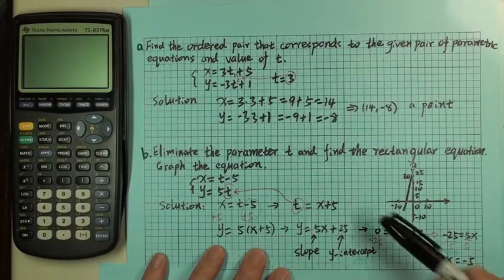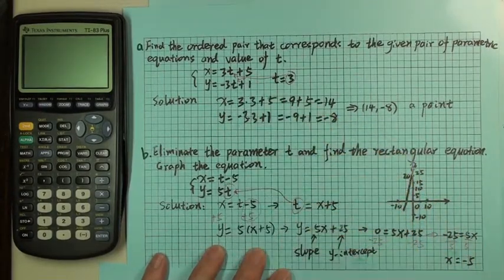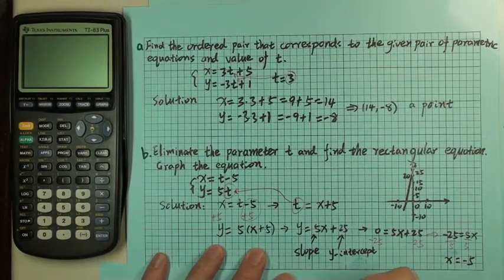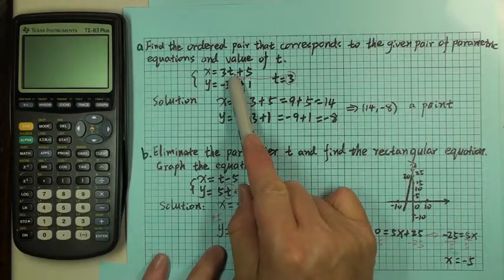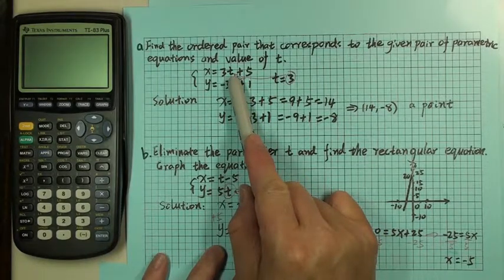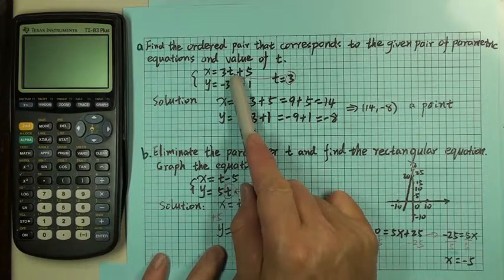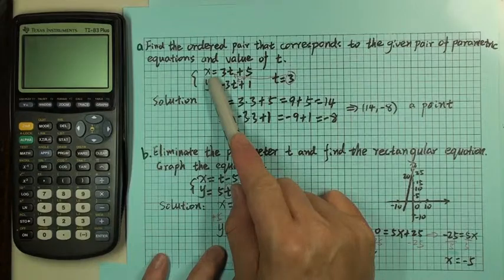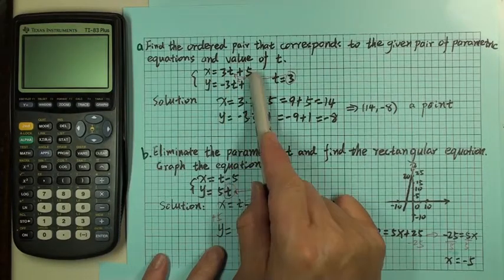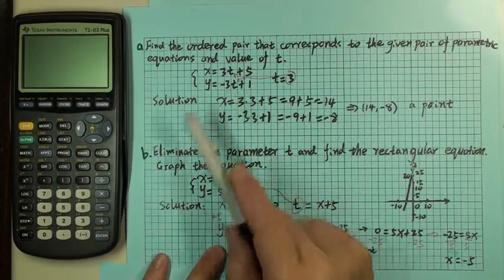So basically for this one you may do yourself: solve for t in the first equation, then use x to express t, and then replace this t by the expression in which x is involved. So you'll get a linear equation.